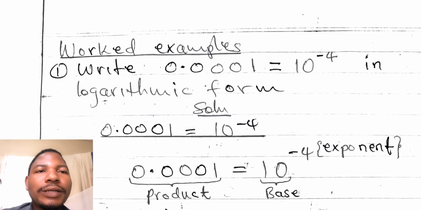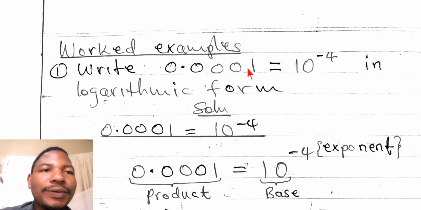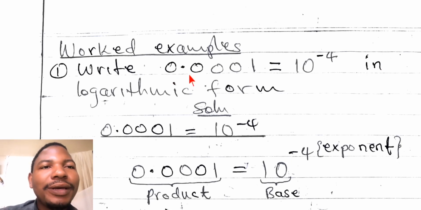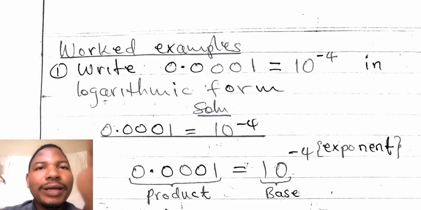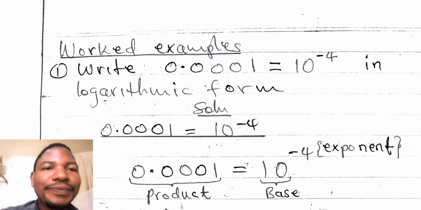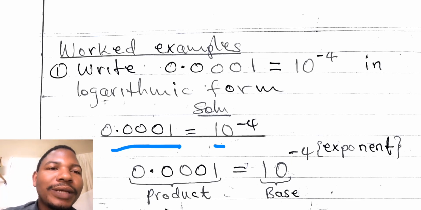This is a worked example. We are supposed to write this one in logarithmic form. Be careful. Before writing it in logarithmic form, you have to know what each part is. Let us classify. 0.0001 is equal to 10 exponent negative 4.